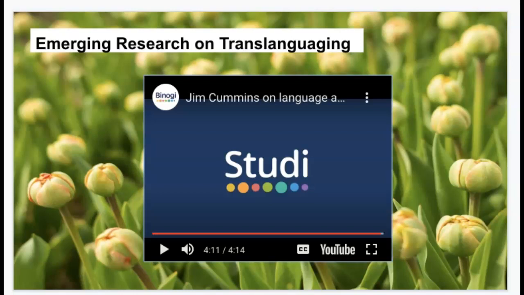That's part of their identity, and I need to recognize that. And so when they come in understanding Spanish because that is what their family speaks, and they are also acquiring English because the world around them suddenly is in English, then I'm going to embrace that and help them to embrace it as well. And that is very empowering. So that is what Jim Cummins is talking about there.